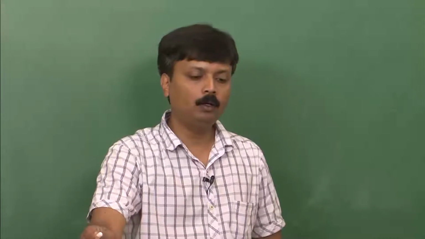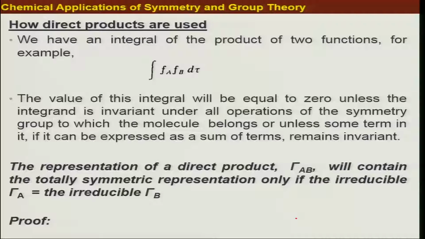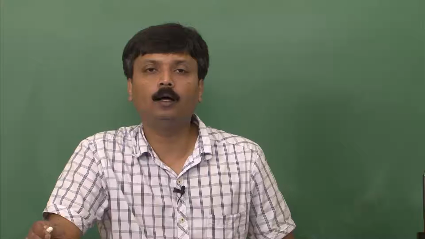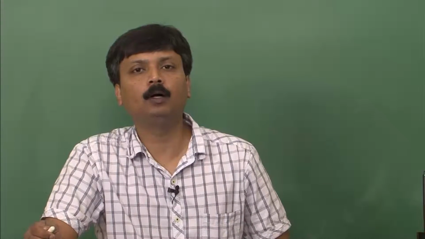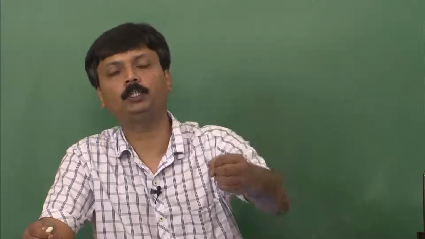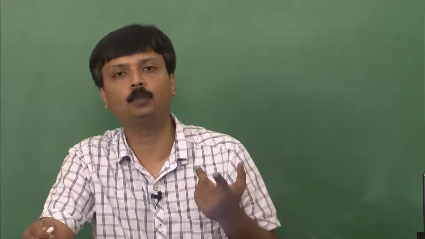Now we have been talking about this particular integral, that integral f_A f_B over d tau, that will vanish unless the total integrand is invariant. So what do you mean by this word invariant here? That means whatever symmetry operations you operate, it's not going to change. So all the time it will give you a +1 as character, right?